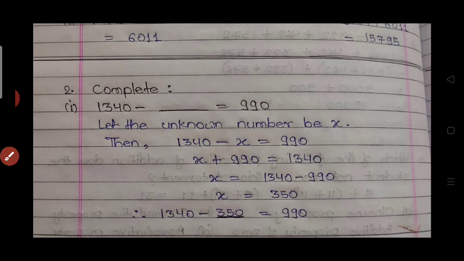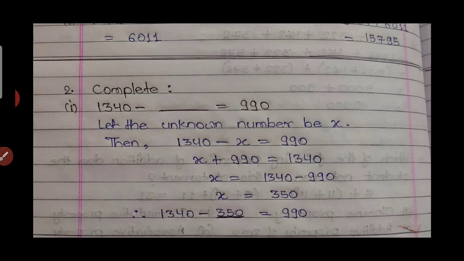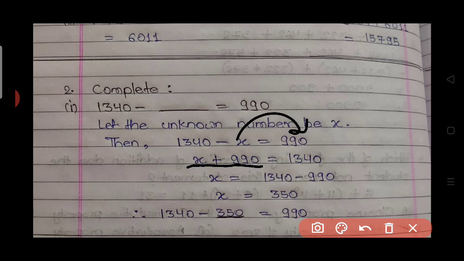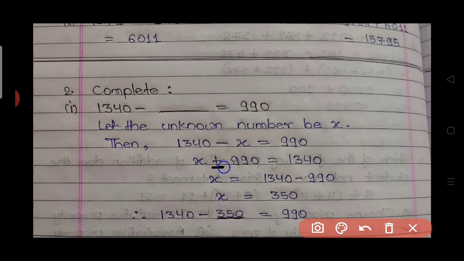Okay, so as I said, when we shift x to the right side, because this is negative, when it goes to the right side it will become positive. So we write x plus 990 is equal to 1340. Now if we send this 990, which is positive, to the other side, it will become negative.